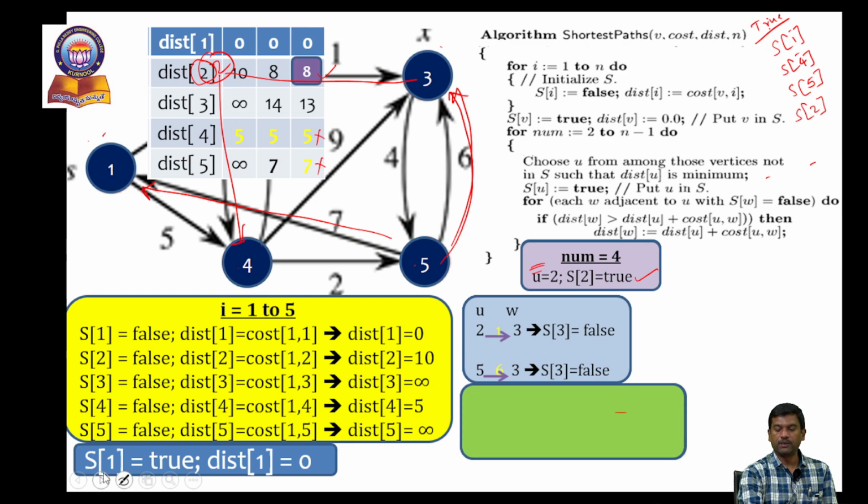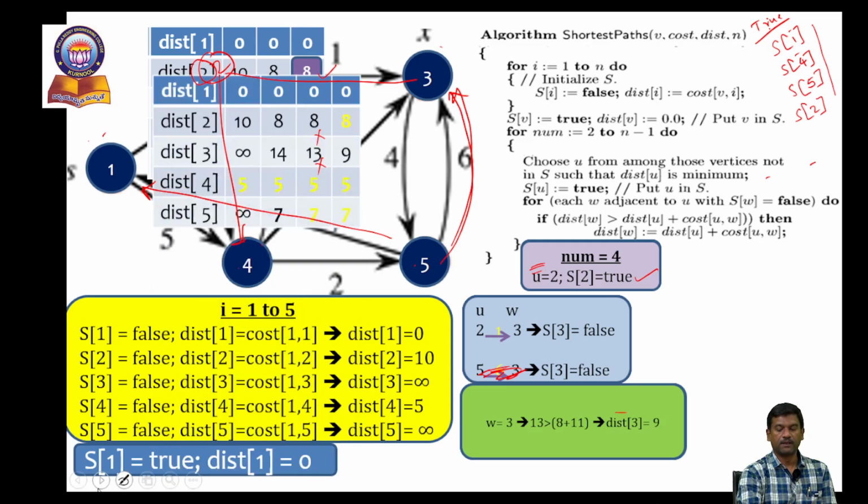So 2 to 3 only, because U value is equal to 2. And for the next scenario, you need to check whether S of W is equal to false. So S of 3 is equal to false, because we have not explored that vertex. So W value will be equal to 3.